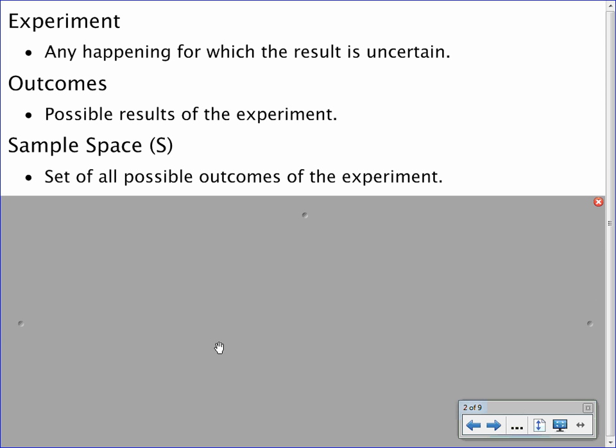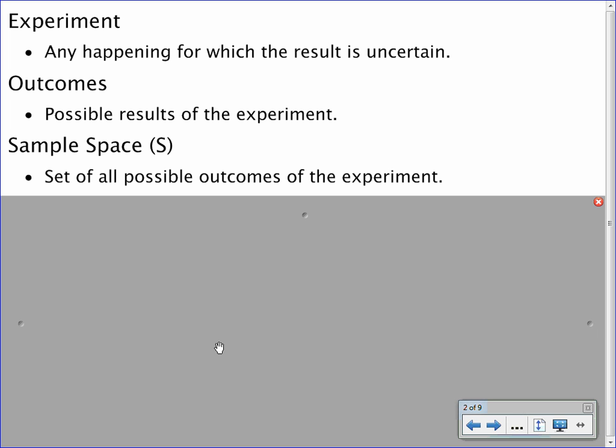Our sample space is the set of all possible outcomes of the experiment. What is this number used for when we're talking about probability? It would be the denominator.